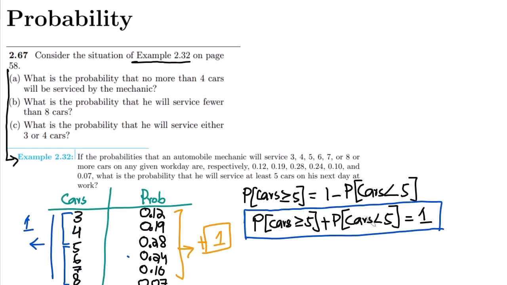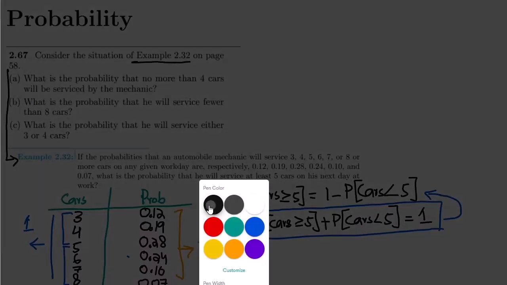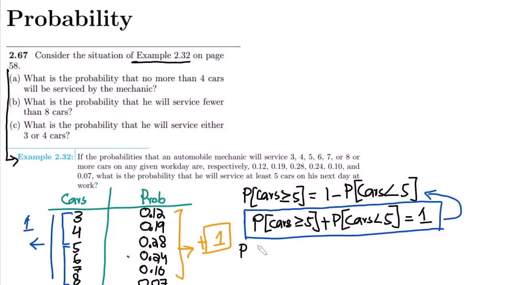Okay, similarly from it I can also have a formula which is here. Now putting all values here, what we can see is that the probability of the cars greater or equal to 5 is 1 minus the probability of cars less than 5.